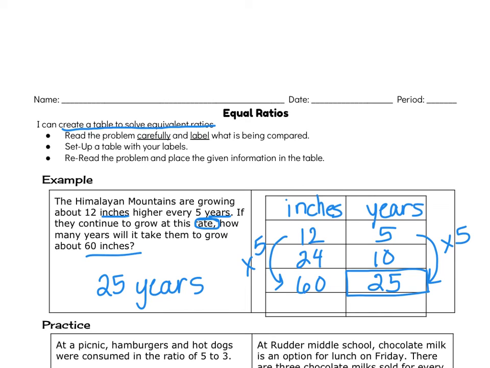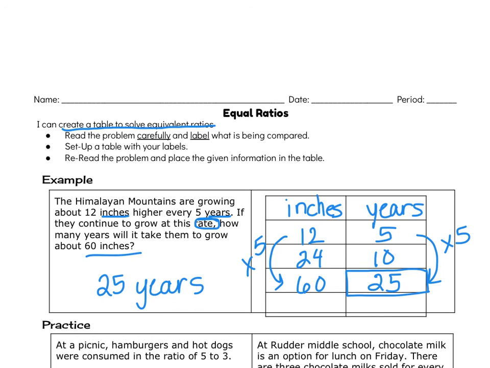So just because I didn't have 5 rows doesn't mean I can't have 5 rows. I could have done 12, 24, 36, 48, and then 60, and done 5, 10, 15, 20, 25 on my table. And that would have been just as easy to get there.